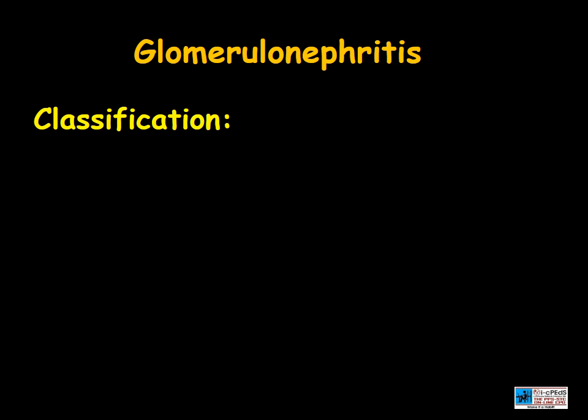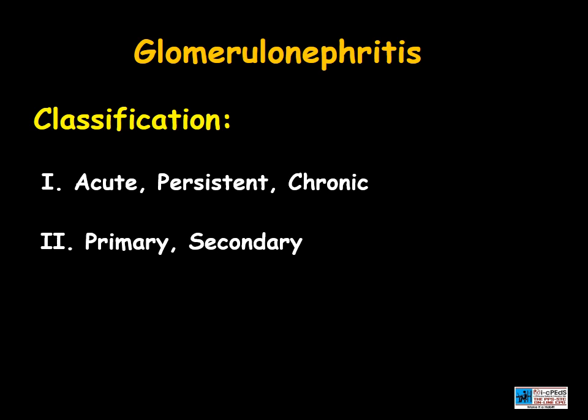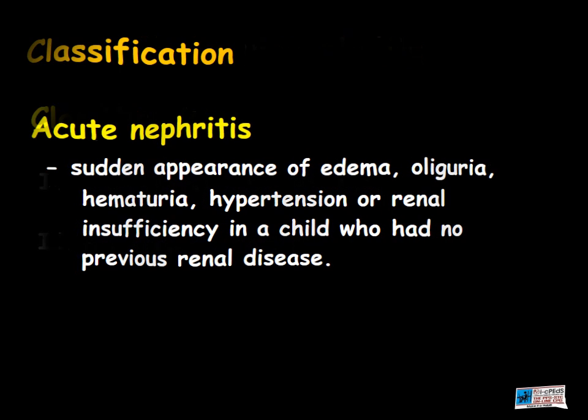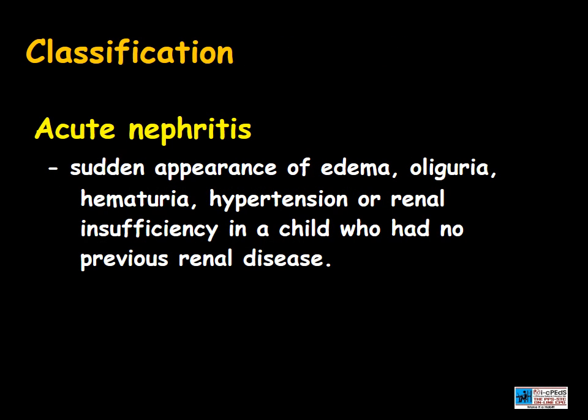It could either be acute, persistent, and or chronic, or primary and secondary. Acute nephritis is the sudden appearance of edema, oliguria, hematuria, hypertension, or renal insufficiency in a child who had no previous renal disease.